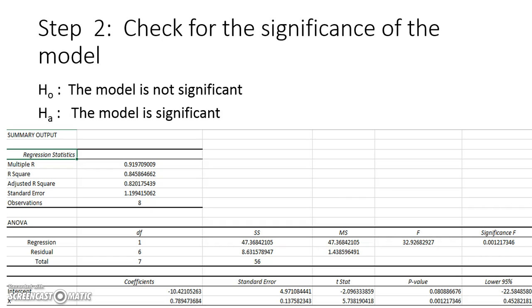Naturally, when we expect the model to be significant, we should emphasize the explanation part rather than the unexplained part.